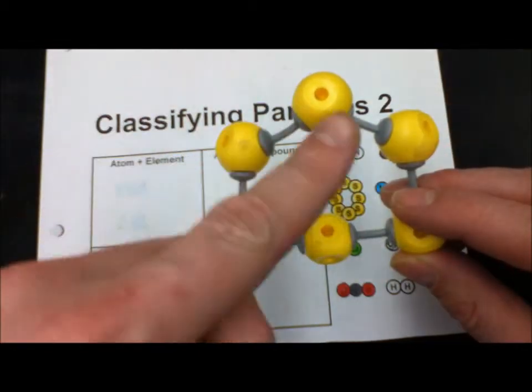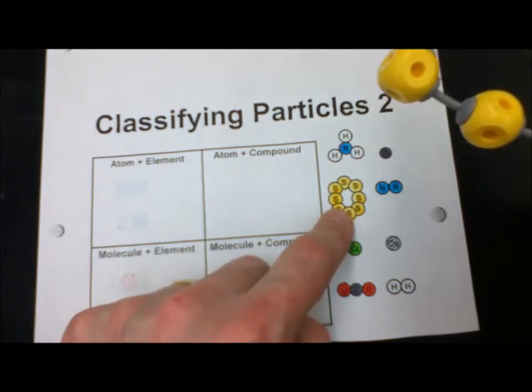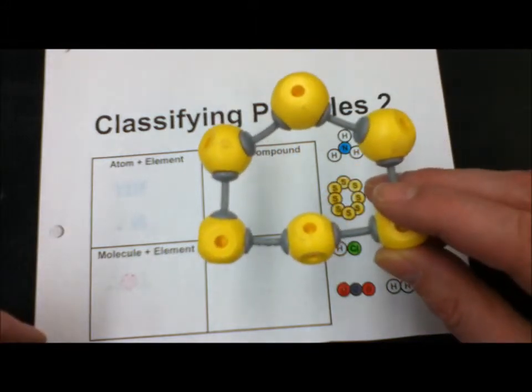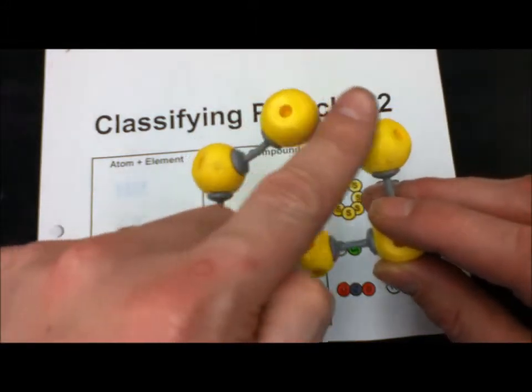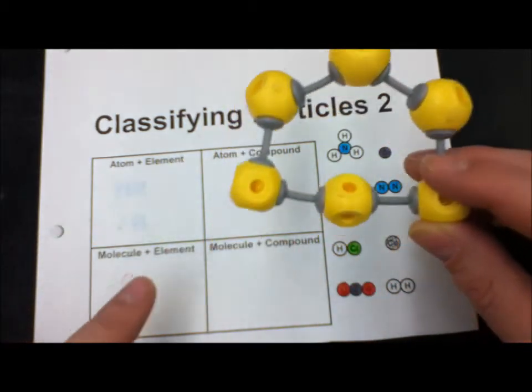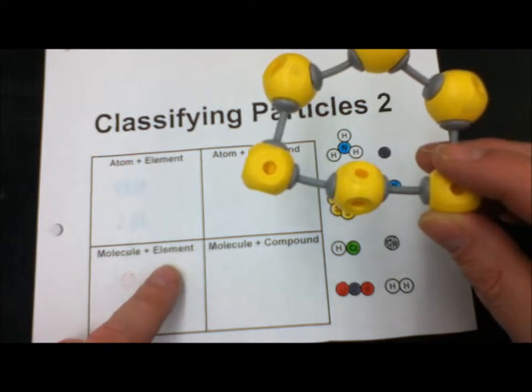We have 6 atoms joined together in our model and 8 atoms joined together in our drawing. So there's more than 2 atoms joined together, which makes it a molecule. But we only have one kind of atom here, or one kind of element, and that's sulfur. And so it still belongs under the classification of an element.